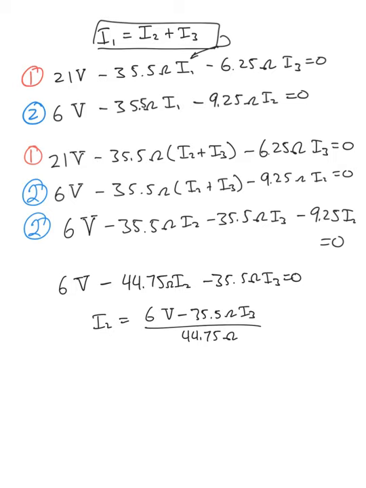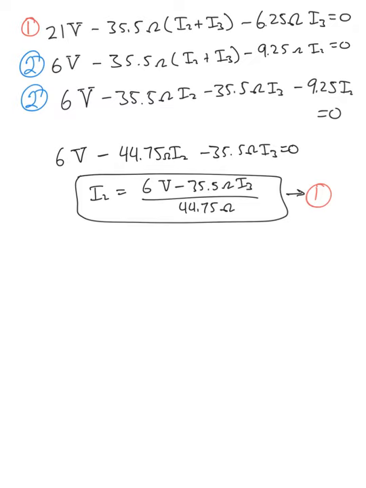Now we can take this value for I2 and plug it into equation 1. This is going to look a little bit messy, but it's just algebra. So I'm writing out equation 1 right now: 21 volts minus 35.5 ohms multiplied by I2.